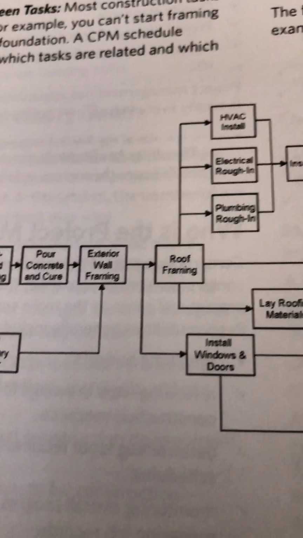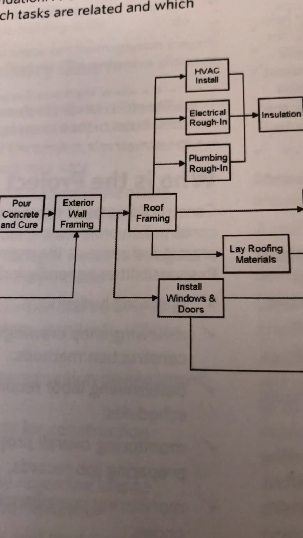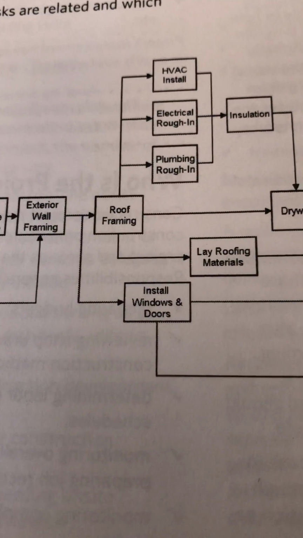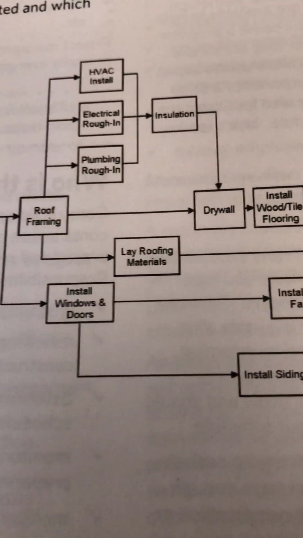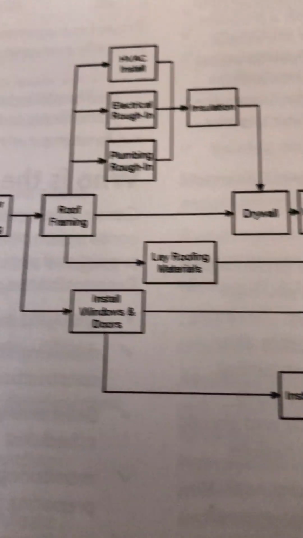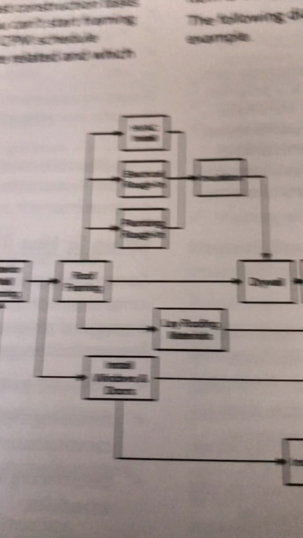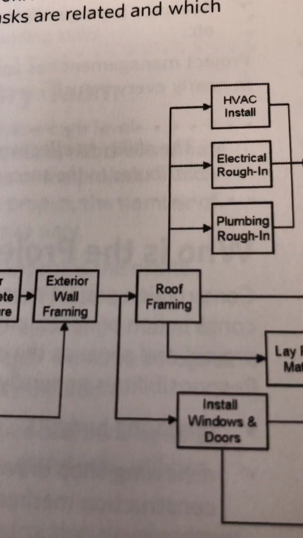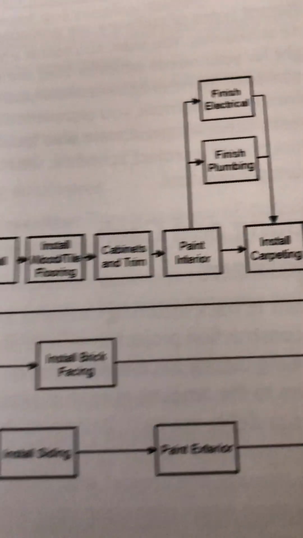They can start whenever that exterior wall framing is done and the windows and doors are in, then the brick facing people can come in and do that. And it doesn't matter where the drywall people are. It doesn't matter where the framing people are.